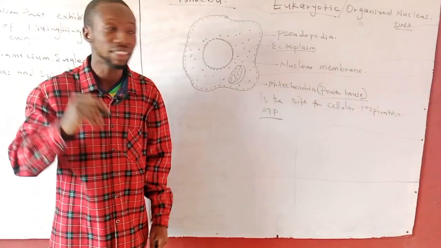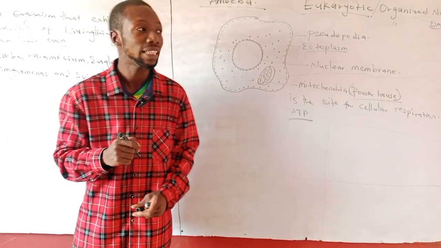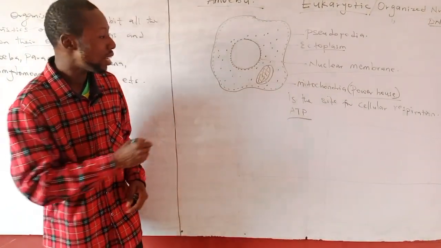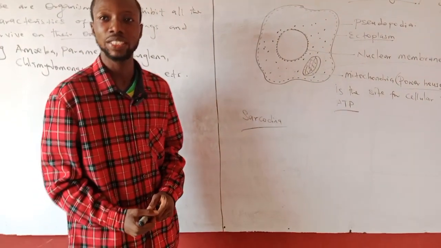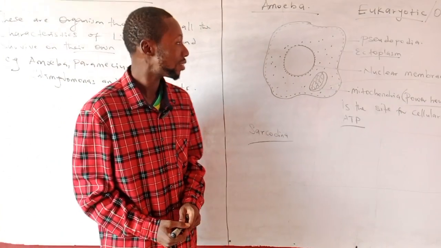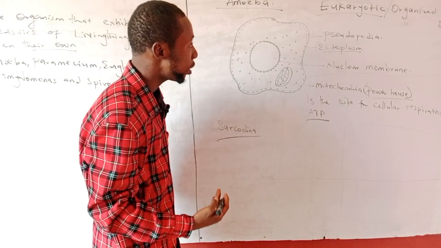Please take note of this. Most of the unicellular organisms that possess pseudopodia for locomotion are also known as sarcodina.